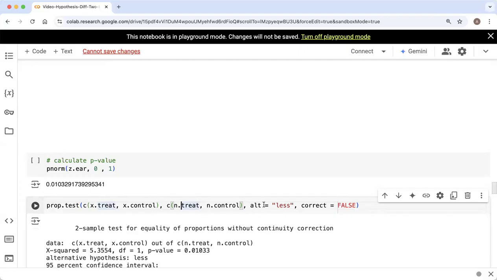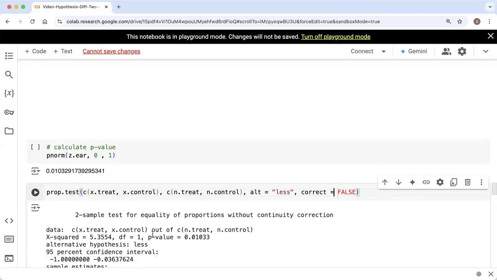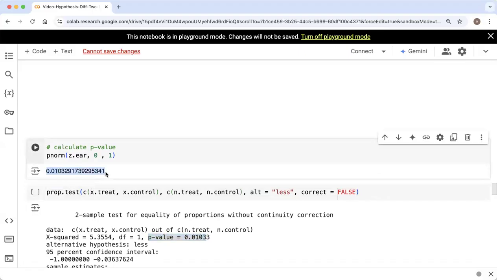So here we had a one-sided left tail test. And here, whether or not we want to apply a continuity correction, we'll talk about how we can apply this in class together. For now, we won't apply the continuity correction. And you can see down here we're getting a p-value which is consistent with the p-value that we got doing this by hand.